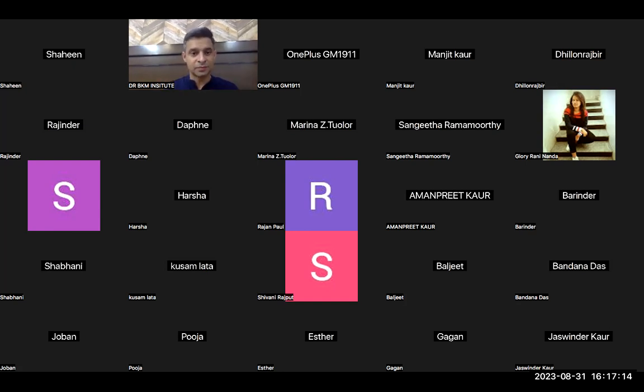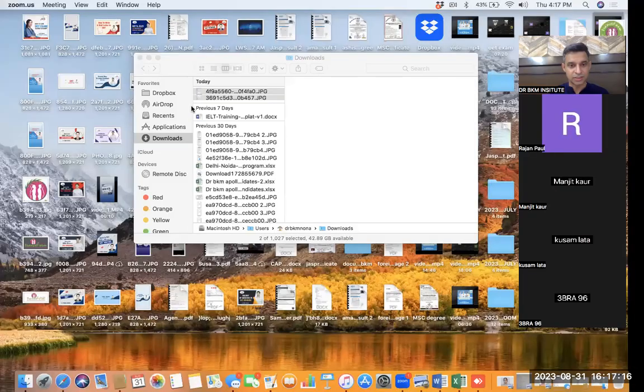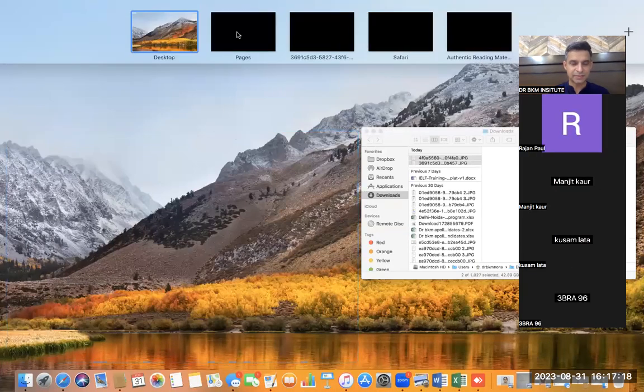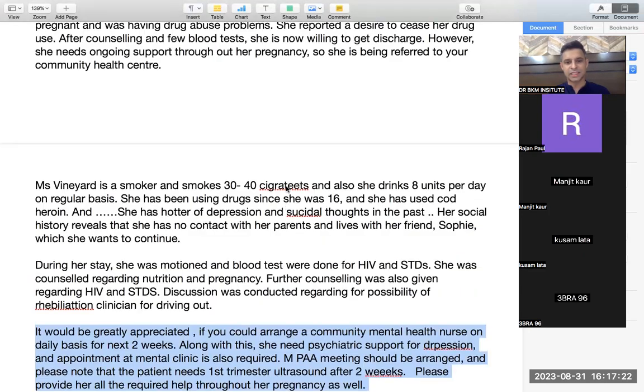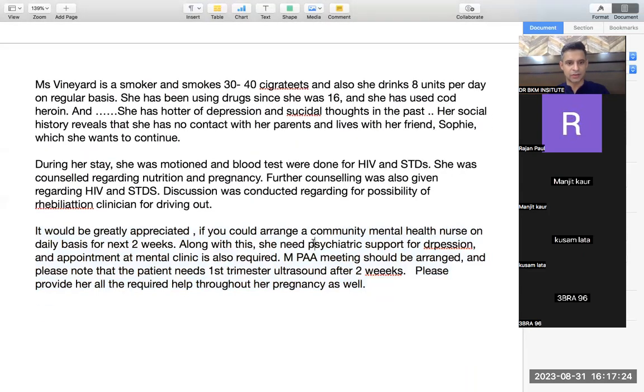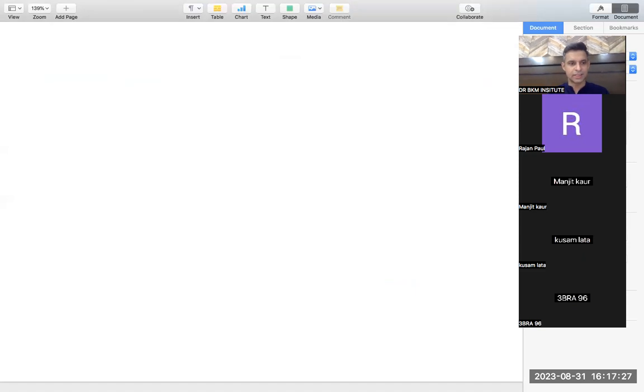Before I embark on this journey, I will take this page. This was the letter we did as a discharge plan letter. I am going to erase it, and today we will discuss the visit letter pattern. I promise you, it is as easy as the letter we did on that day. OET letters are anyhow easy.